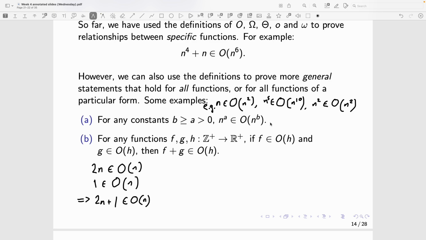Oh, yeah? I was wondering why the domains are positive integers to the positive real numbers. So that is in order to sort of keep us grounded in computer science. Remember that n is the size of your input. So like if you're doing a sorting algorithm, then n is the number of items in the list you're sorting.